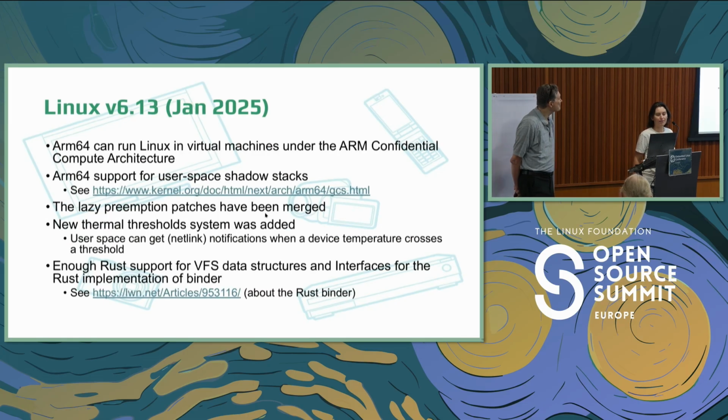Then 6.13. ARM64 can run Linux in a virtual machine under the ARM Confidential Compute Architecture. Shadow stacks also for ARM64. More preemption work, this time lazy preemption, thermal thresholds, and a milestone for the Rust development, enough so that it was possible to implement binder using this infrastructure.